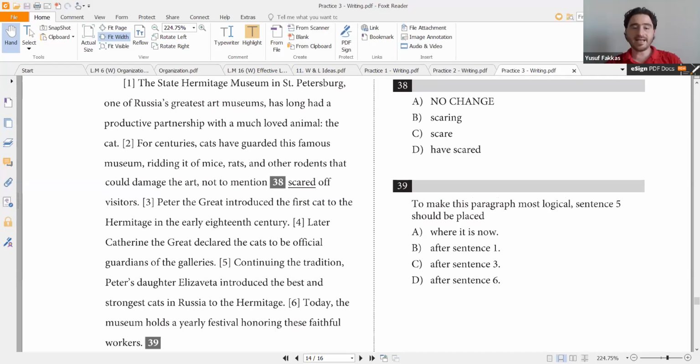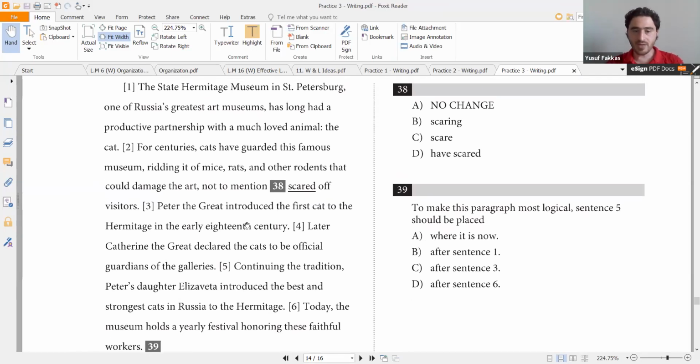Okay, let me show you this question. All right. So again, as you can see here, we have this paragraph. And again, because there's a sentence placement question, what happens to the sentences? They are numbered. This is sentence number 1, 2, 3, 4, 5, and 6. And again, what do we do?